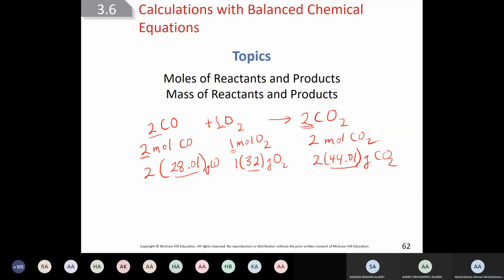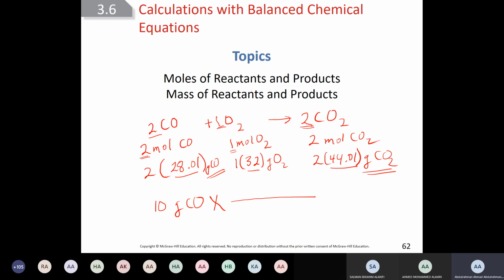Clear? Good. Now, if in a reaction I have only 10 grams CO, then how much CO2 do I produce? I can do it directly. Look here, gram CO and gram CO2.